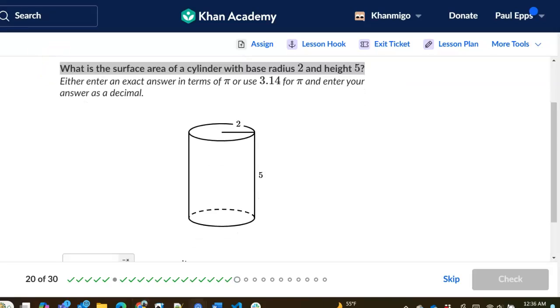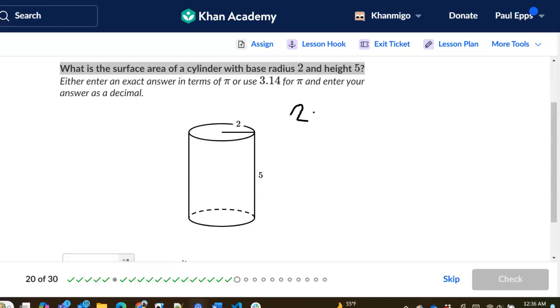All right. So the surface area of the top is pi r squared, but then we have the bottom also. So the top and the bottom together is 2 pi r squared, right?